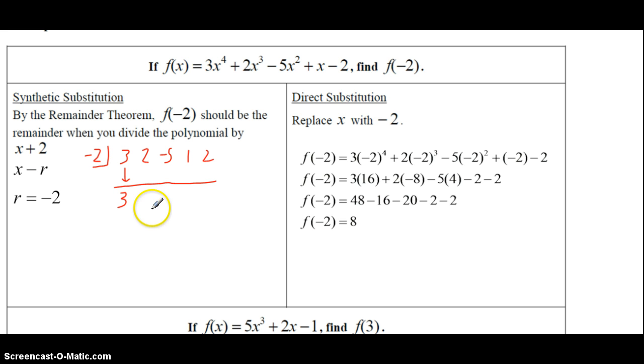We bring down the 3, multiply, we get negative 6, add, we get negative 4, multiply, and keep going until we finish the synthetic substitution.